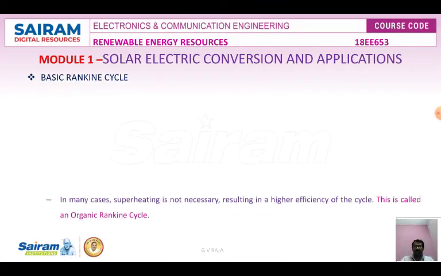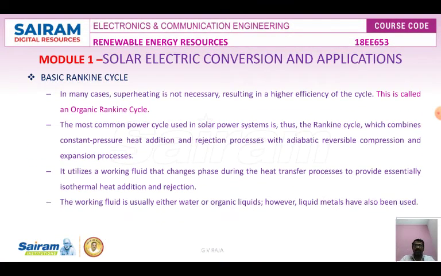The most common power cycle used in solar power systems is the Rankine cycle, which combines constant pressure heat addition and rejection processes with adiabatic reversible compression and expansion processes.